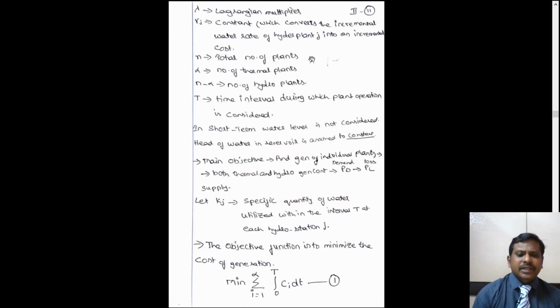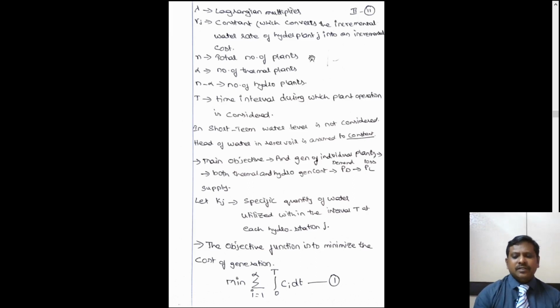Another function we have considered here is Kj, which means the water utilized during the hydro generation. Another aspect, W, we'll see in the next slide. The objective function is to minimize the cost of generation.